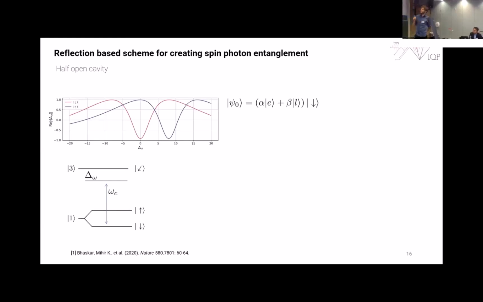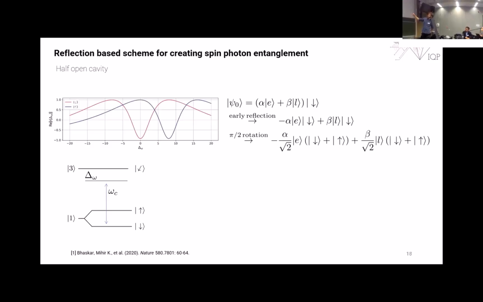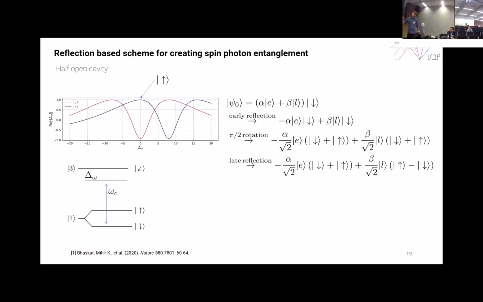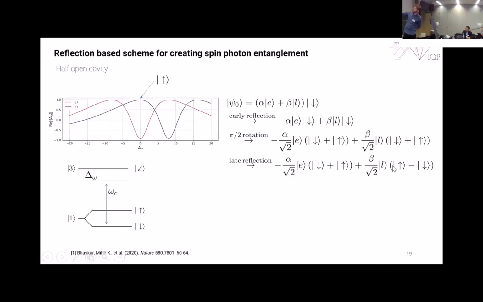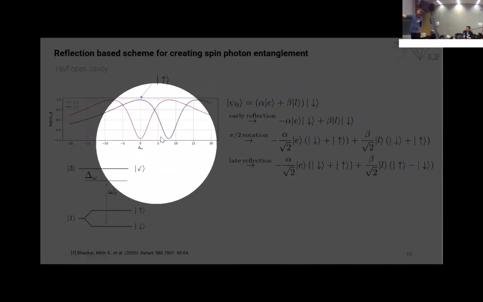Now you can play a very similar game. Let's say you have this time-bit qubit, and your system is in spin down, and you reflect it, and you do a pi/2 rotation of your memory, of your spin. The late photon gets reflected, but now you introduce this phase flip in the second reflection due to the reflectivity.